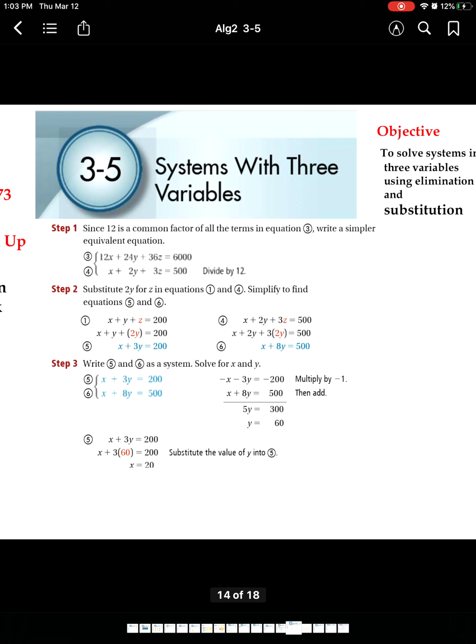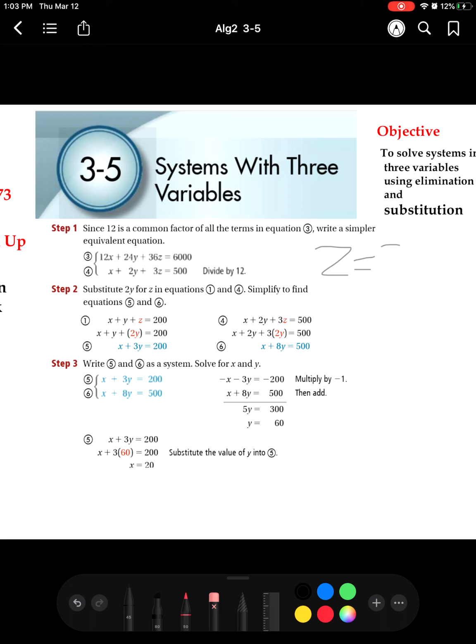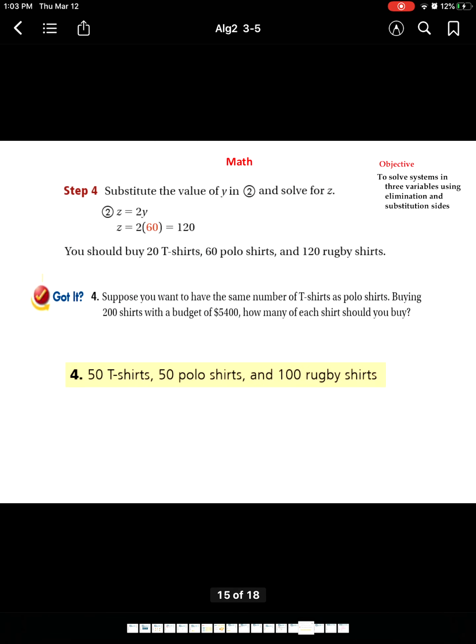Then he substituted, as I said, 2y for each z in the first and the third equation, and he got 2 equations in 2 variables. Then he solved for x and y and got their values. Then at the end, he will get z by multiplying the y value by 2. This is the answer for problem number 4.